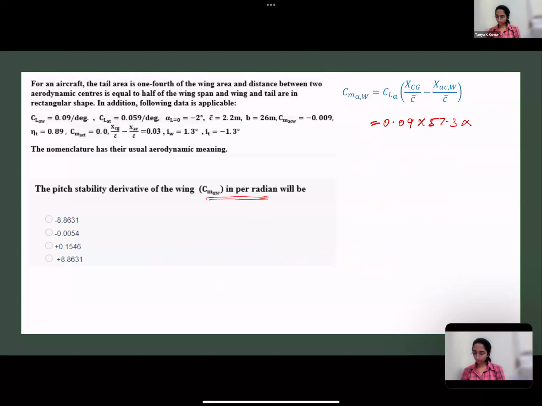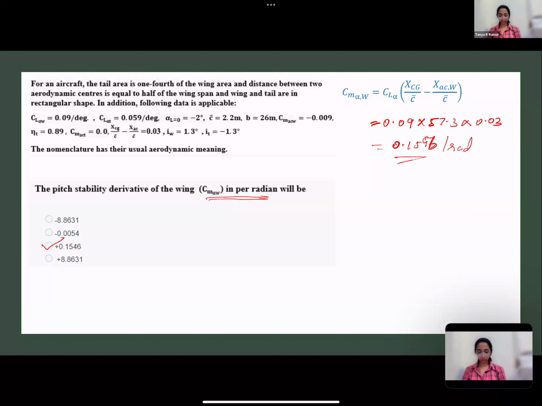And then XCG minus XAC is given directly at 0.03. So if I just do this, how much do I get? 0.1546 per radian. That's the value.